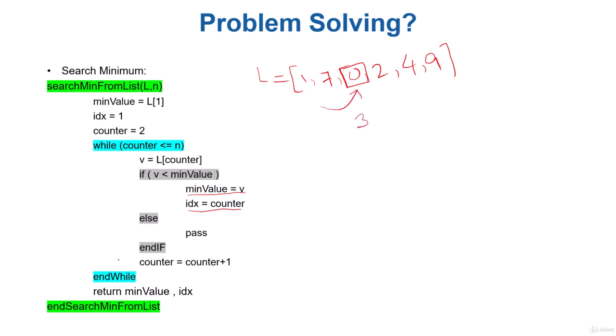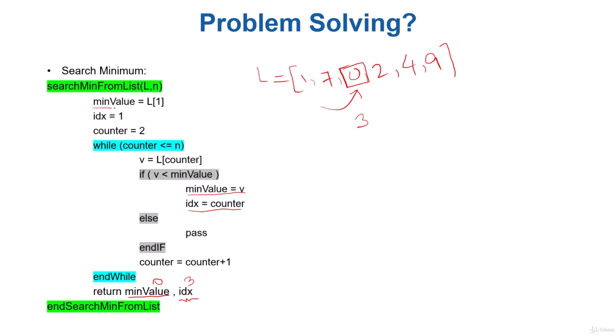So when this procedure ends, min value will contain 0, and idx, the position at which the minimum value was achieved, will contain 3. So not only are we finding the minimum value, but also its position. This pseudocode actually describes a very simple concept.